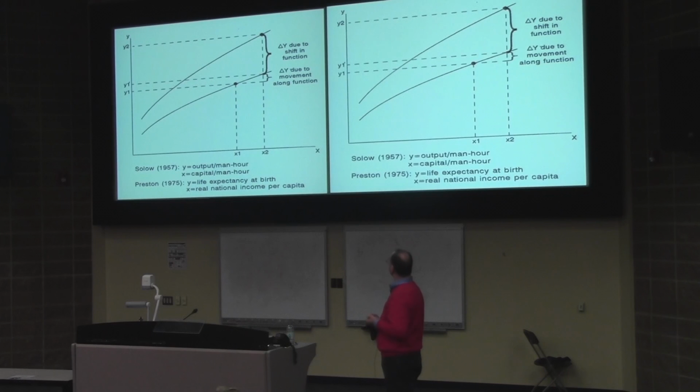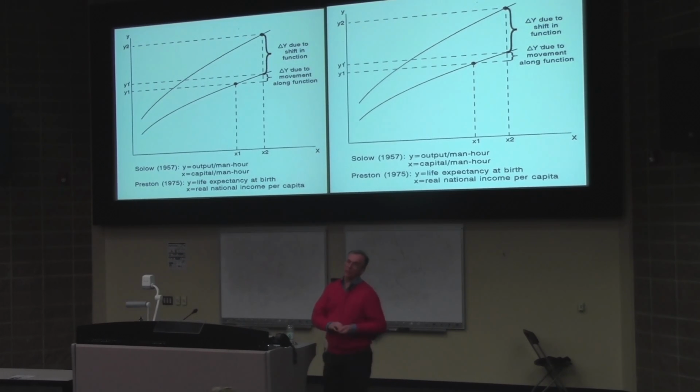So the idea here is from Sam Preston, a demographer, in 1975, a very famous article, drawing upon an even more famous article by Robert Solow in the 1950s. As you move out along the horizontal axis, income is increasing. As you move up the vertical axis, people are living longer. At any point in time, more income will give you a greater life expectancy.